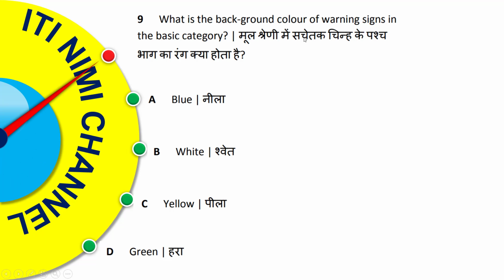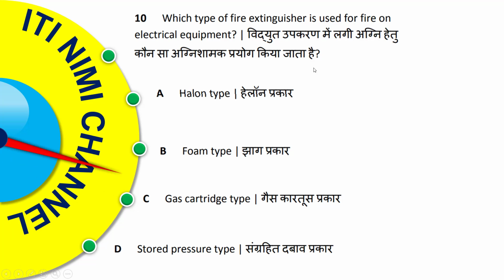What is the background color of warning sign in the basic category? Blue, white, yellow, green. The answer is yellow. Which type of fire extinguisher is used for fire on electrical equipment? Halon type, foam type, gas cartridge type, stored pressure type.